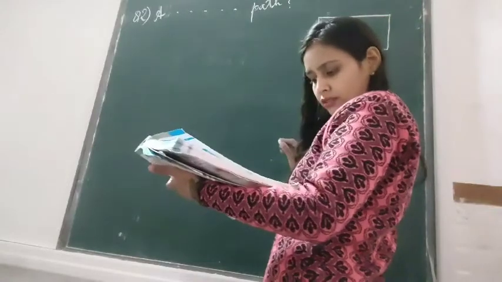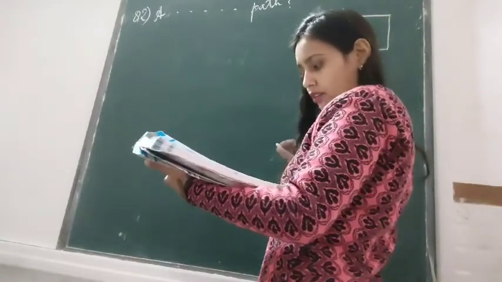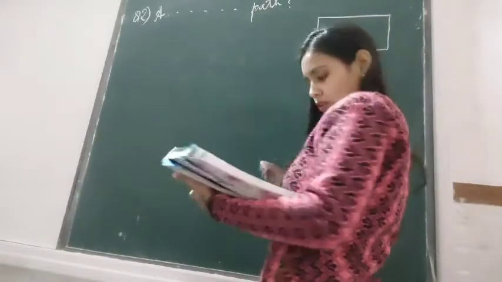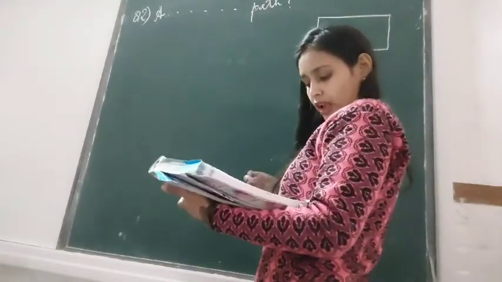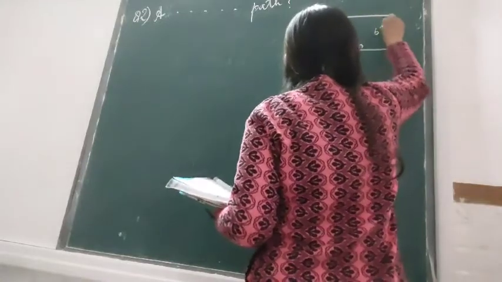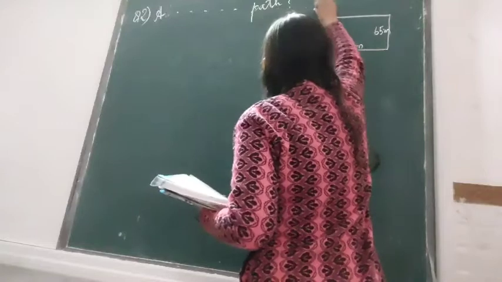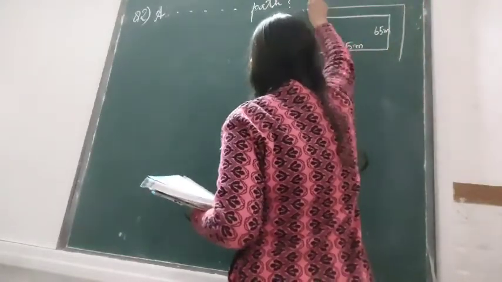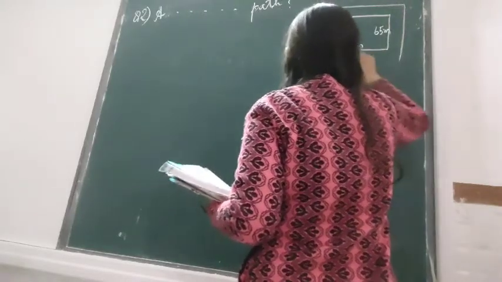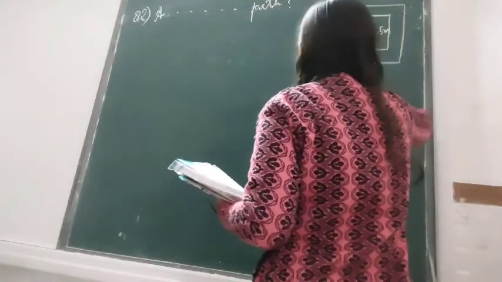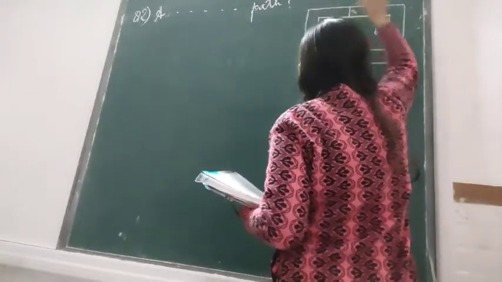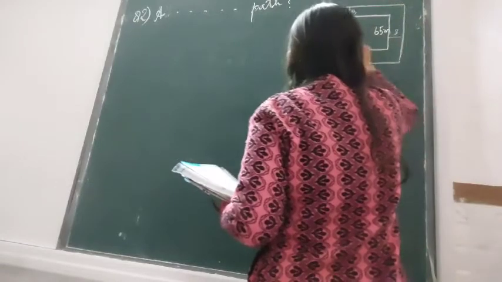It's a rectangular path which is 125 meters long and its width is 65 meters, and 3 meters path is there. Outside is written, so we are drawing it outside. Okay, so the new, this is 3, this is 3, this is 3, this is 3.